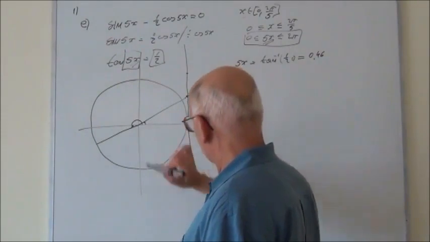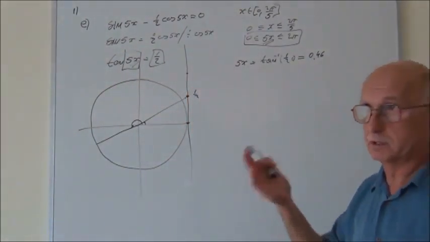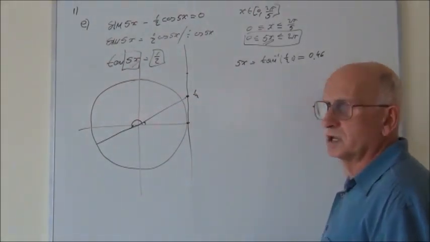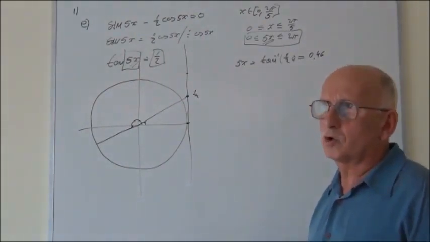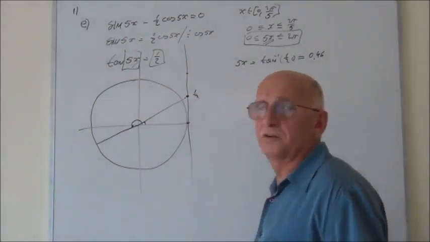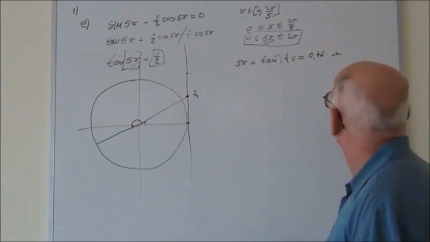We are talking about this angle. 1 radian is 57 degrees something, 57.23 something. 0.46 is roughly half of that, so roughly less than 30 degrees. We are there, so this is correct.